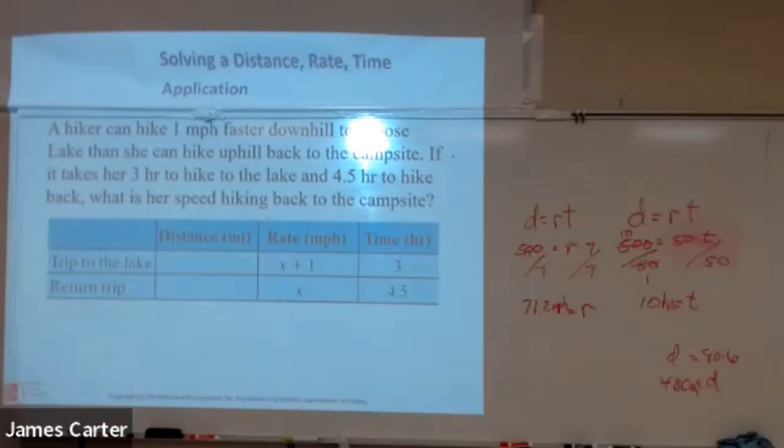They like to make tables. I don't make tables very often. You saw how I did it right here. But they decided, here's the rate downhill. Here is the time downhill. Here is the rate uphill. Here is the time uphill. They're both equal to whatever the distance is. So fundamentally, they've said the same thing I did, didn't they?